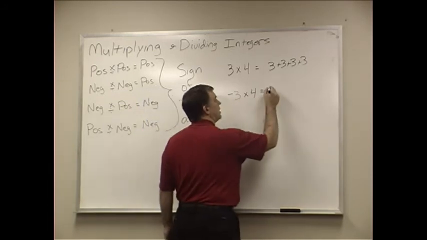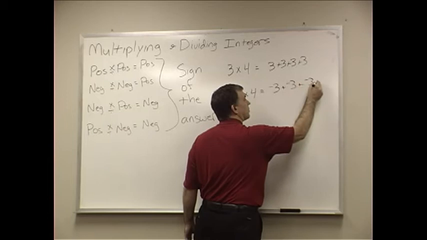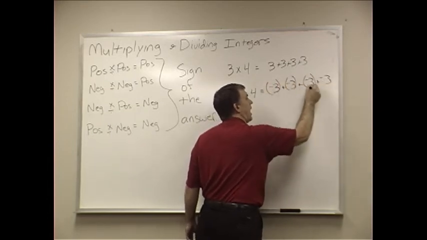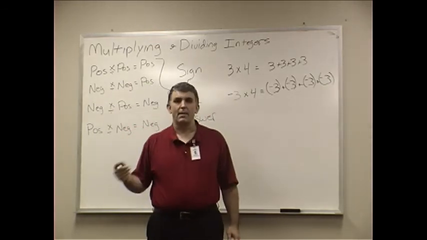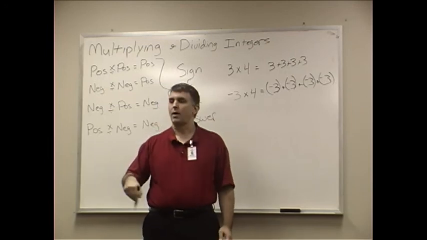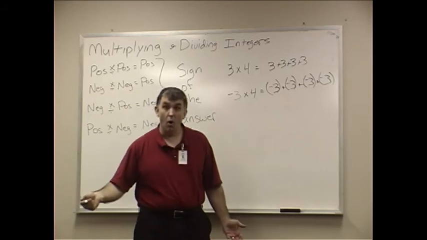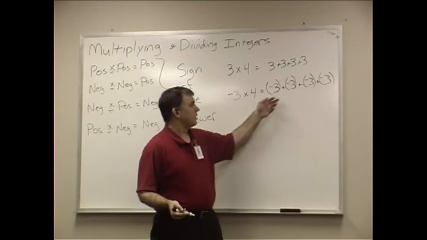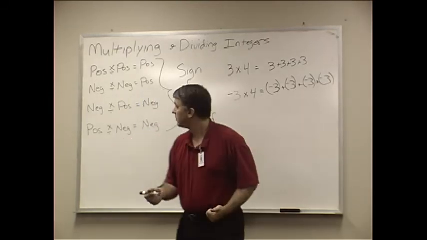Well, that's going to mean negative 3 plus negative 3 plus negative 3 plus negative 3. When you keep adding negatives, your answer is always going to be negative. Think about it. If you borrow $3 and borrow $3 and borrow $3 and borrow $3, you keep borrowing $3, you're going to owe money.